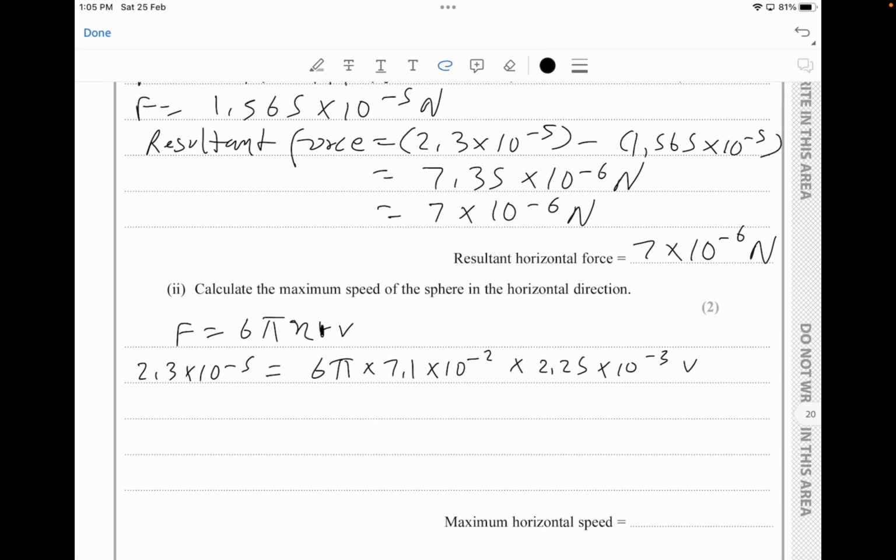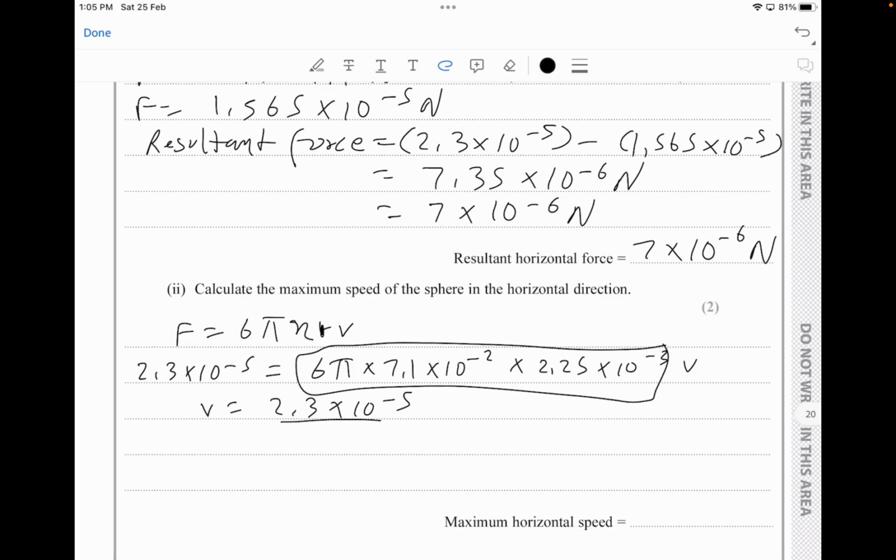So what we're going to do is, we know the velocity is going to become equivalent to 2.3 times 10 raised to the power negative 5 divided by the value that we have calculated here. So that value is going to be 6 times pi times 7.1 times 10 raised to the power negative 2, times 2.25 times 10 raised to the power negative 3. This is going to give you a value of about 3.0112 times 10 raised to the power negative 3.